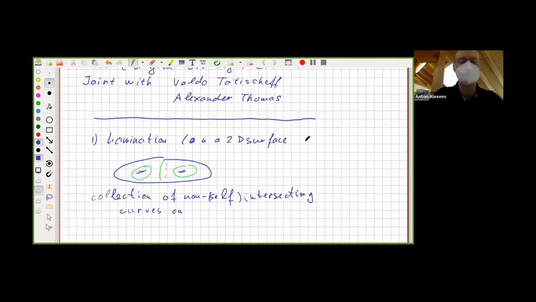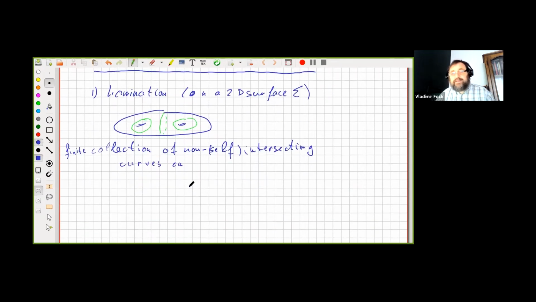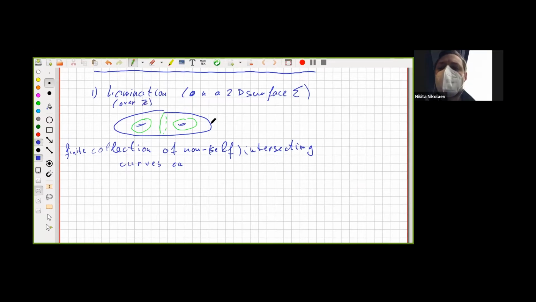Volodya, sorry, just a question. And they fill the surface, right? There is a curve passing through every point? No. Just a collection of finitely many curves. What I'm going to talk about is a relation over Z. Do they have to comply with the genus?